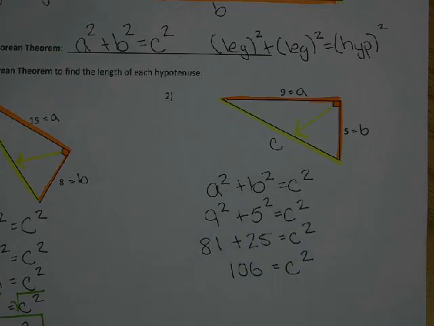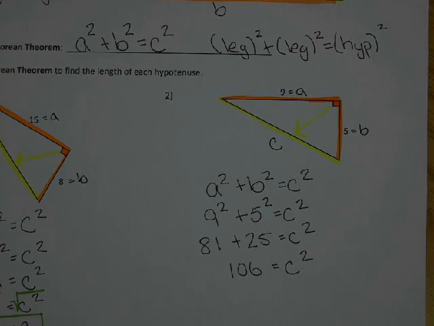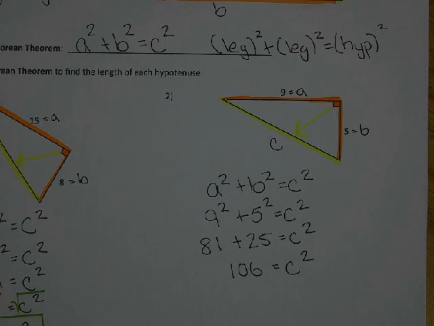All right. So, Edward, we know 106 equals C squared, but we're looking for C. What do we do? We've done all that. So now we're right here. Find the square root.